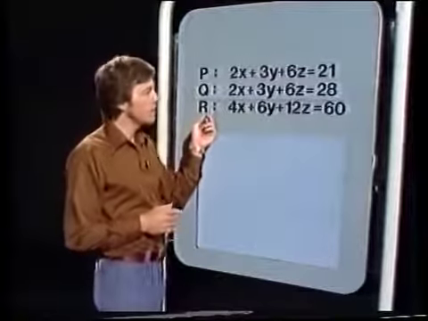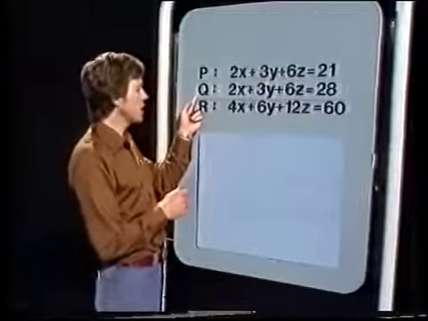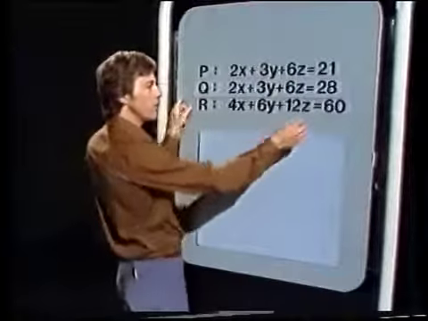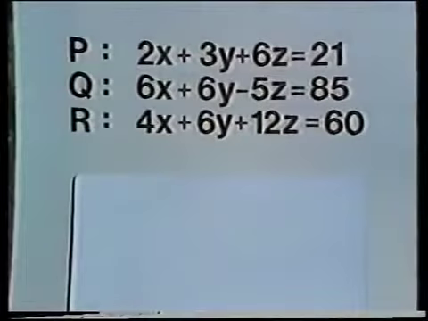Let's see if we can get a solution by changing another one of these planes. Let's change this equation Q to see if we can get a solution. Let's have a look at that one. This time, you see, Q is not parallel to P or R, but there's still no solution, because there's still no point common to each plane.